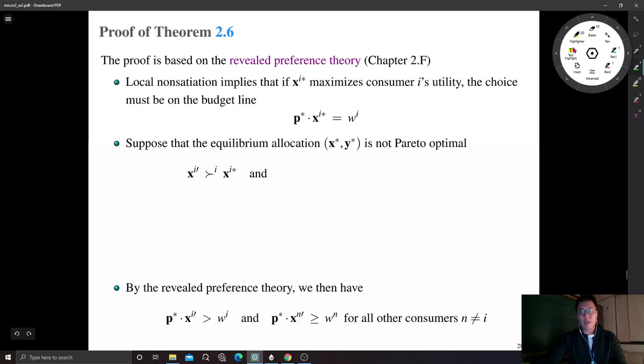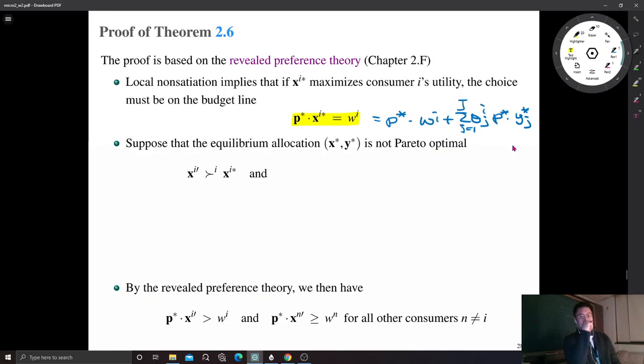Once again, this w sub i has a somewhat complicated expression: p star dot omega i plus the sum of theta ji p star dot y j star, where j goes from 1 to J.